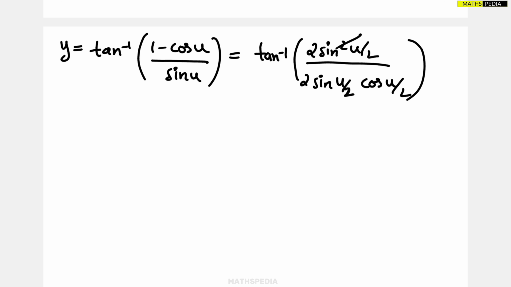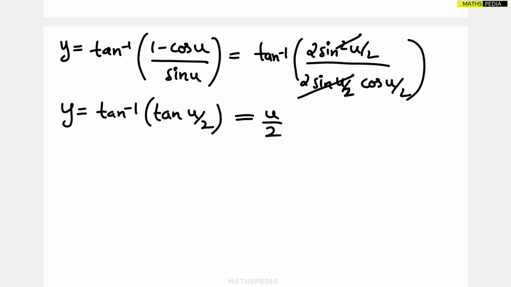Now from here 2 sin u by 2 and 2 sin u by 2 cancelled. So what is remaining? sin u by 2 over cos u by 2. So y is equal to tan inverse of tan u by 2. Here tan inverse and tan are gone, what is left is u by 2. Now u we have assumed as tan inverse x. So y is tan inverse x by 2, right?